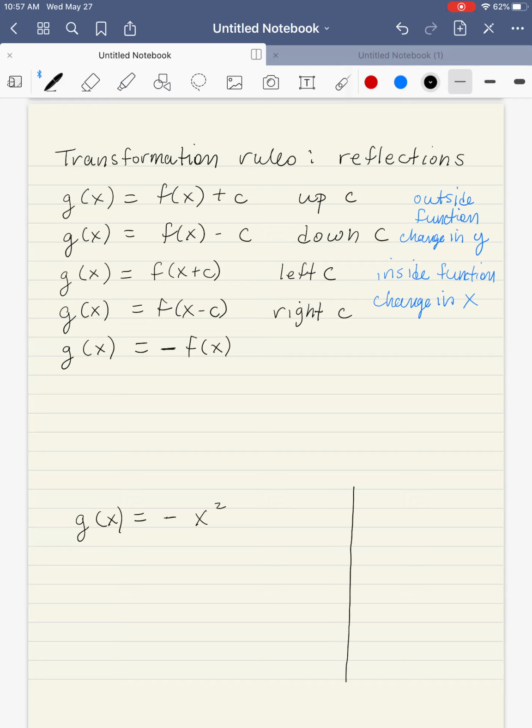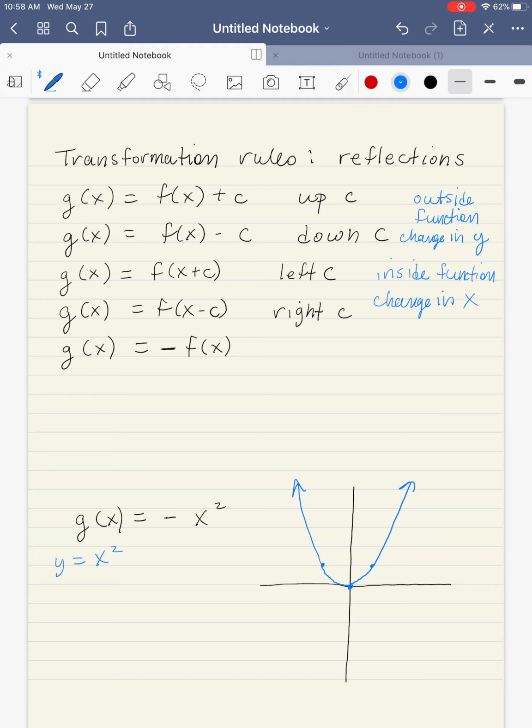So we can graph our basic function here, our known function, y equals x squared. And we know if we plot 3 points, we have (0, 0), (1, 1), and (-1, 1). And we know from our lesson on the basic graphs that that's going to be a parabolic shape.